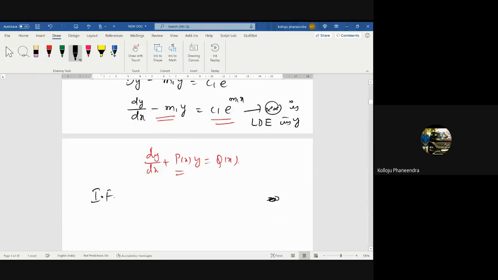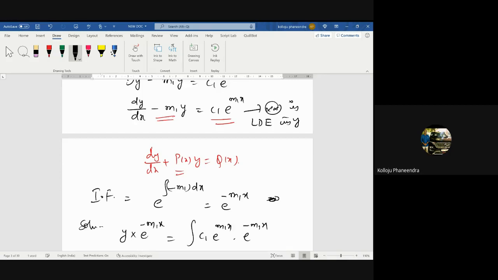Integrating factor is e to the power of integral of minus m1 dx, that is e to the power of minus m1x. So the solution is y into e power minus m1x equal to integral of c1 into e power m1x into the integrating factor dx, plus another constant c2.